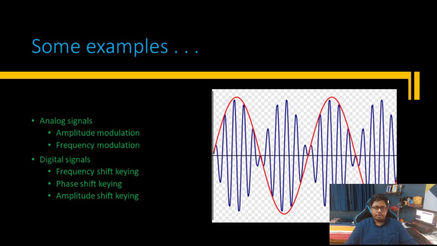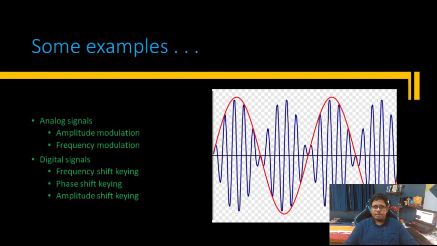In the picture on the screen, it's a form of AM, or amplitude modulation. The blue waves are the carrier waves, while the red line is the information signal. You can see how the amplitude of the carrier wave gets adjusted to the amplitude of the information wave. It's just a way of modulating using amplitude modulation.